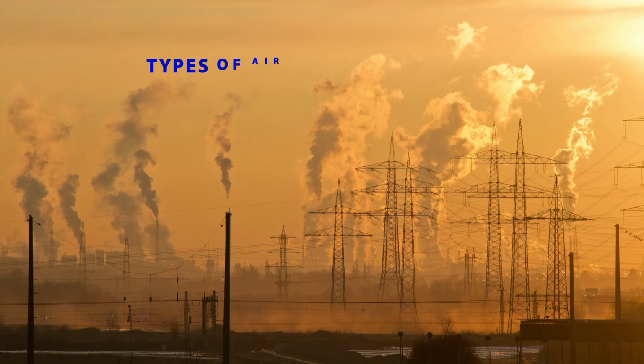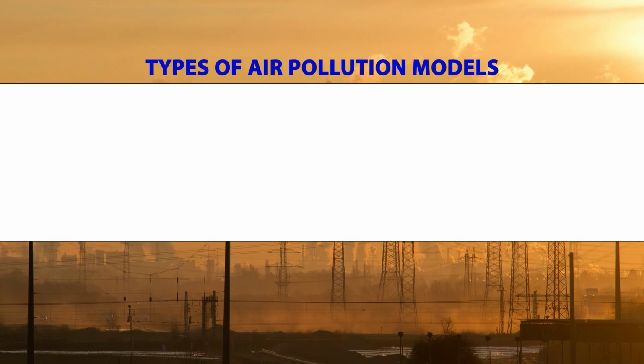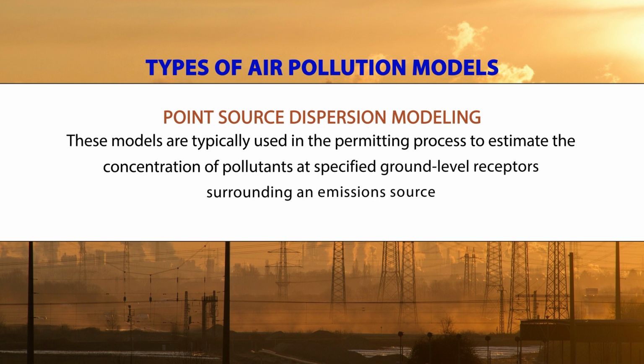Across the world, there are two types of models that are widely used. One is point source dispersion modeling, another is receptor modeling. Point source dispersion models are typically used to estimate the concentration of a pollutant at ground level receptors surrounding an emission source.